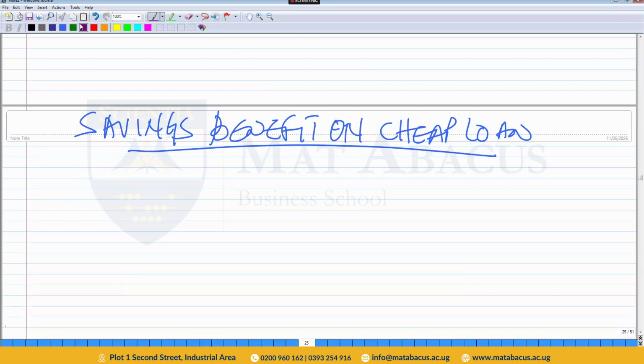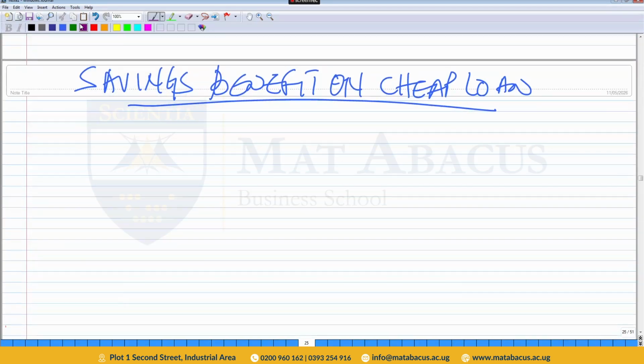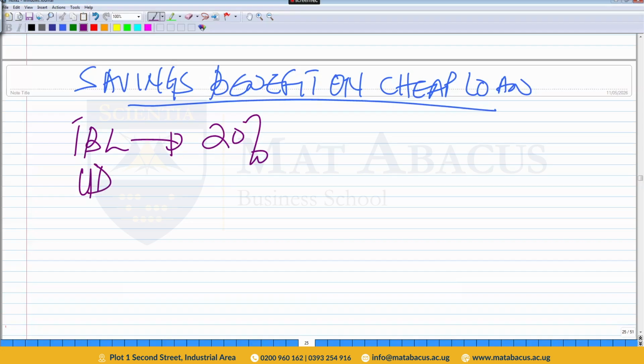You ask yourself, what interest? TBL is at 20%. UDB is at 8%.